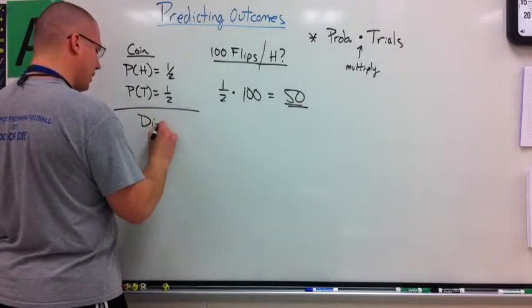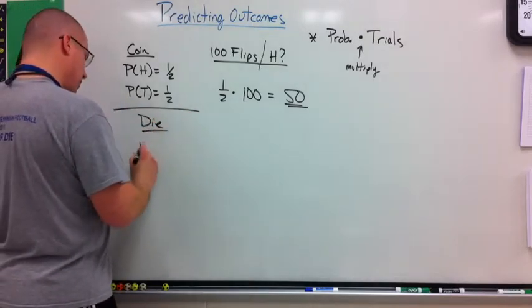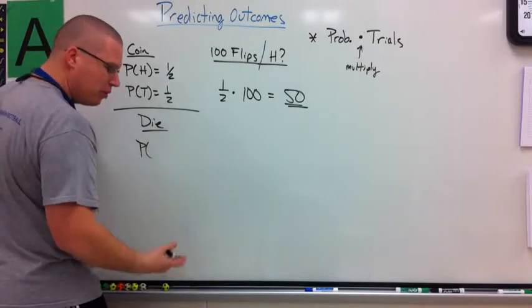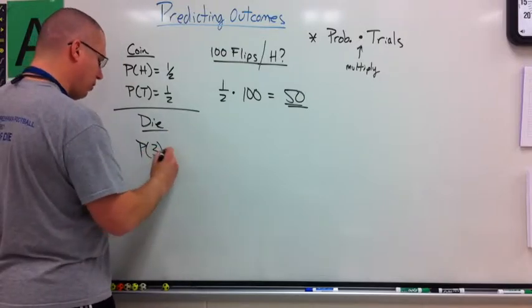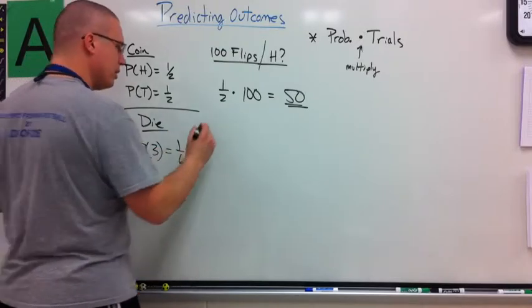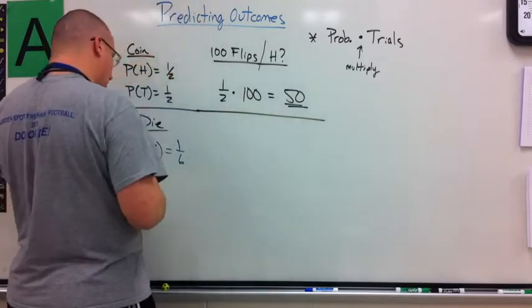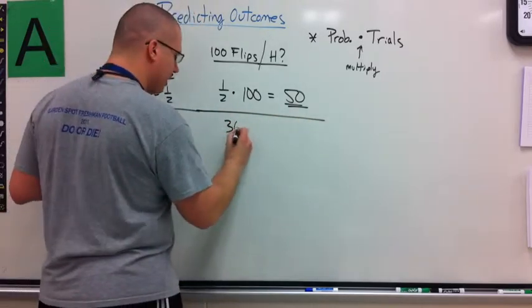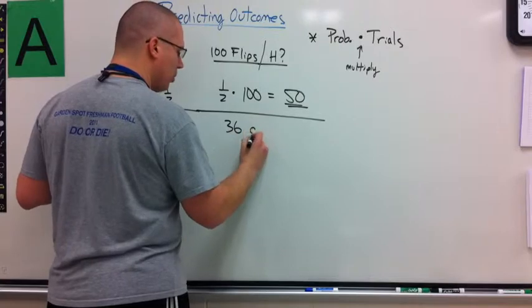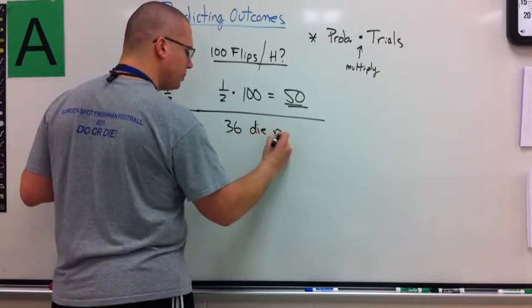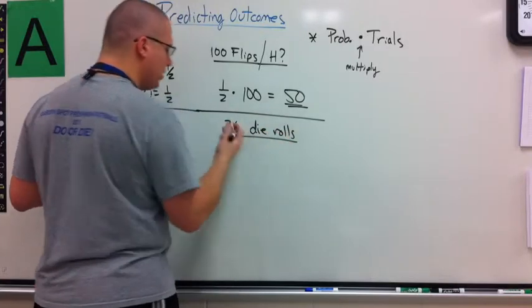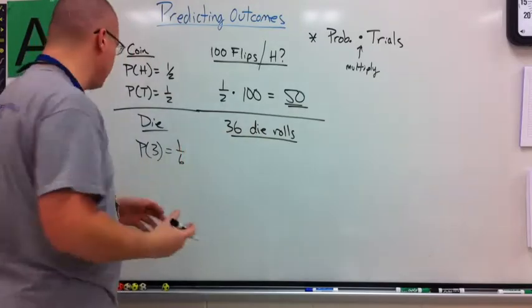Let's go down to a die. So probability of each of the numbers is 1 out of 6. Let's do probability of 3. We know that's 1 out of 6. And let's say this time I'm going to do 36 die rolls. Now I'm picking nice easy numbers because when I multiply it reduces.